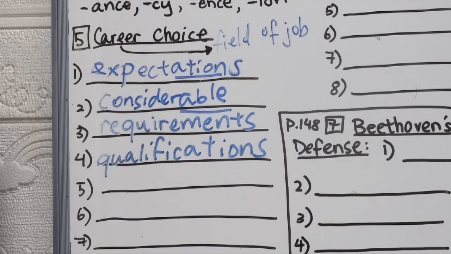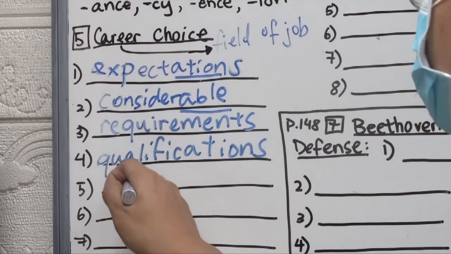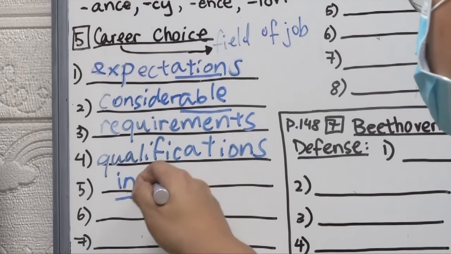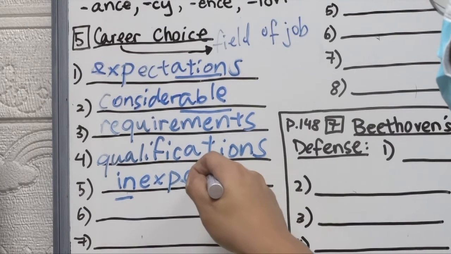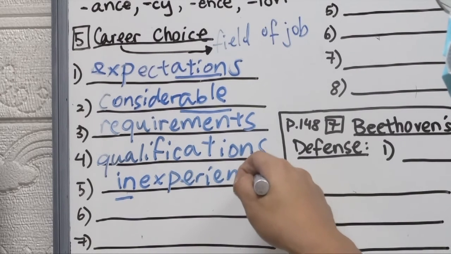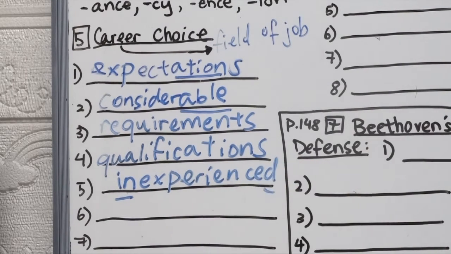It would be unwise, for example, to apply for a job which you are inexperienced. Experience will become inexperienced. Now remember in the first part I talked about putting endings, but in some words you have to put them in the front. In this case, experience will have in, and this one is past, we have a D, so inexperienced.